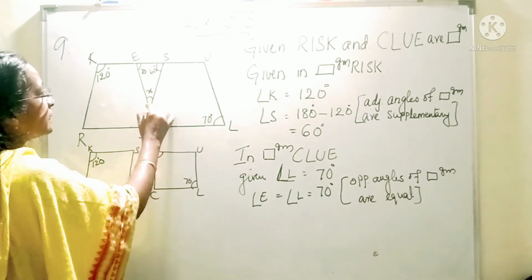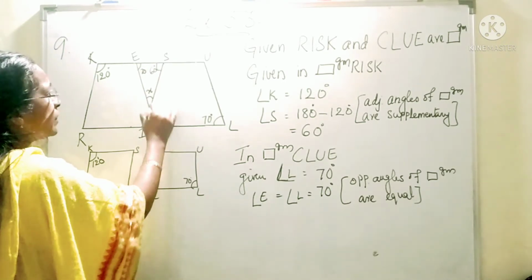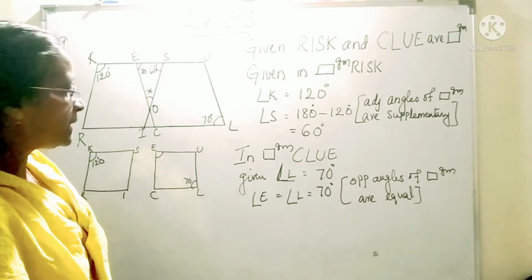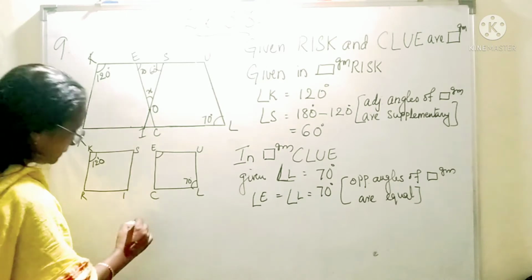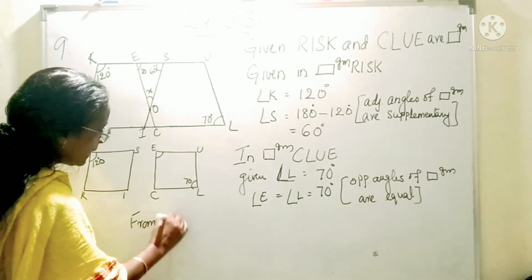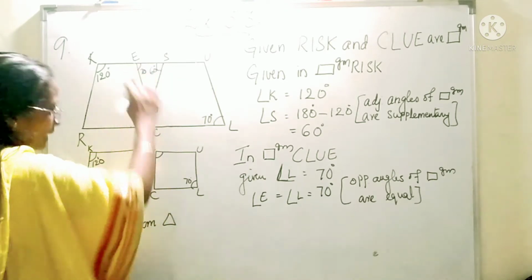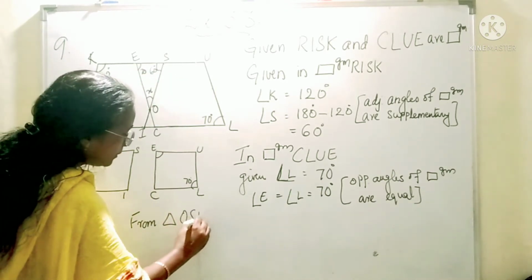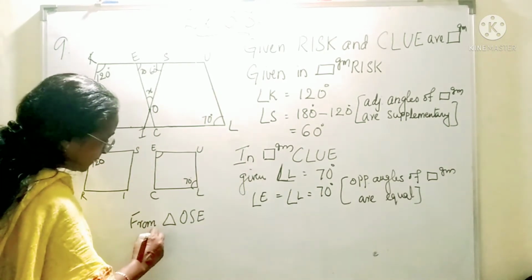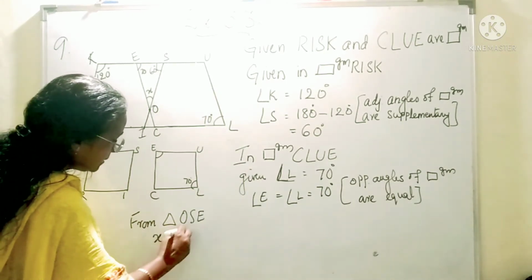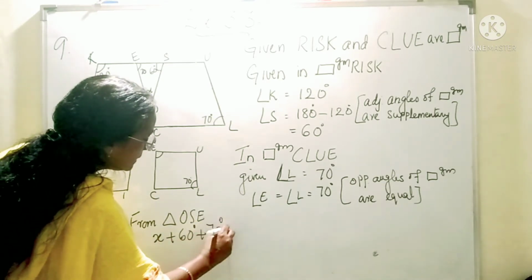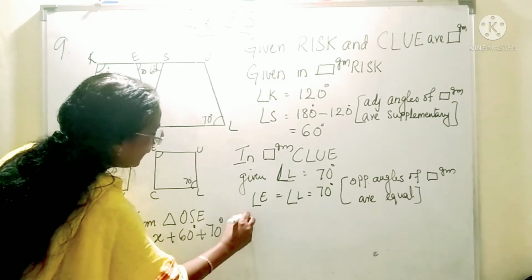Now if you mark this point as any point as you wish, O, you will be able to find out that angle easily. So let us write from triangle OSE. What do you get? x plus 60 degrees plus 70 degrees is equal to 180 degrees.